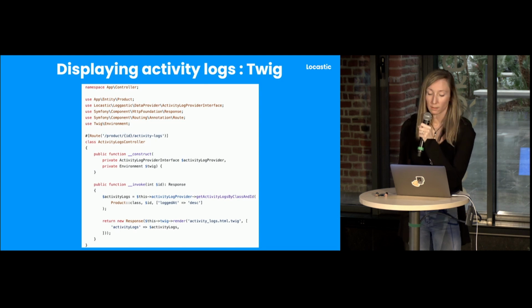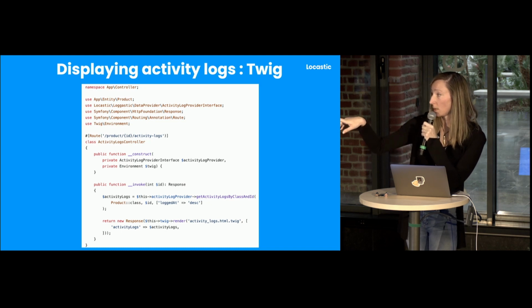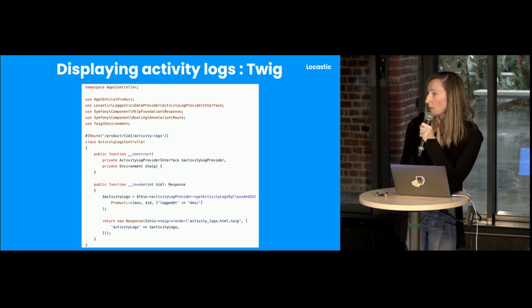So this is just some simple example of the controller. It just injects this activity log provider service. It forwards product class and the ID we get from the URL, and then forwards this object to the Twig view.